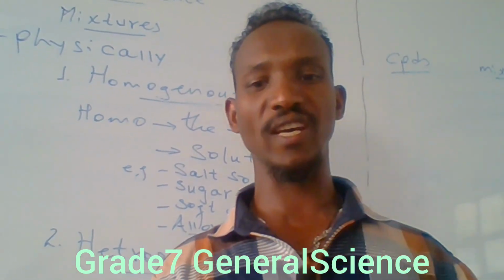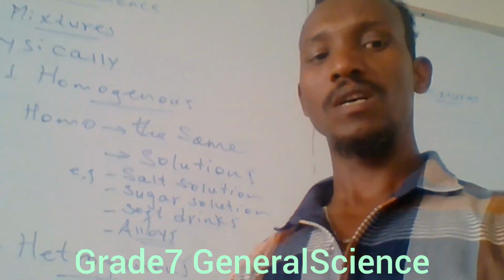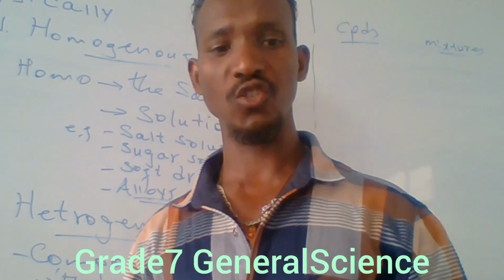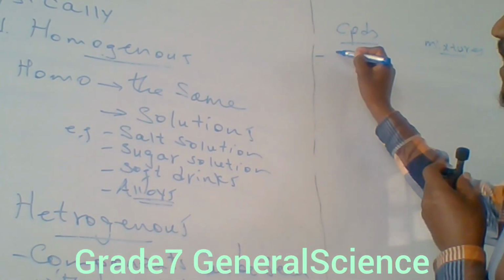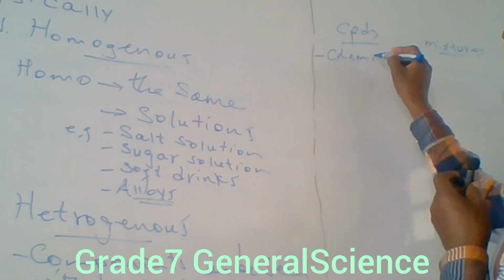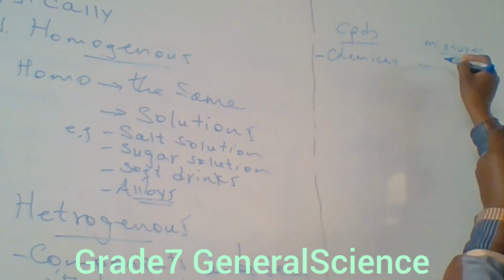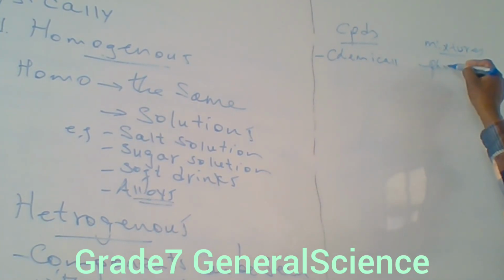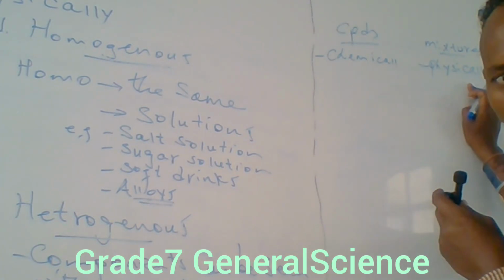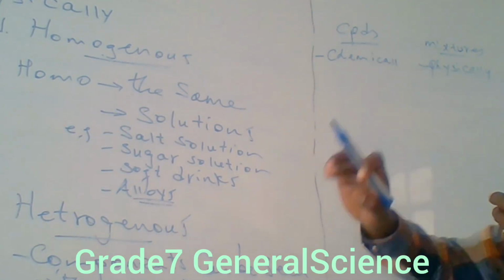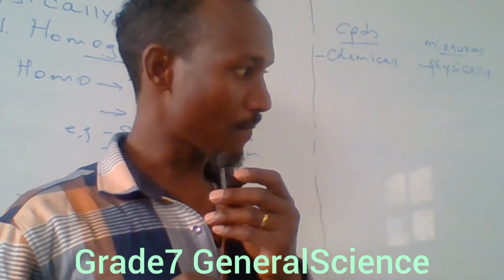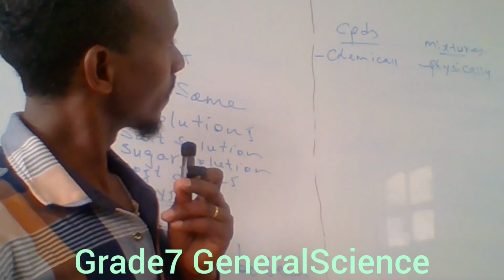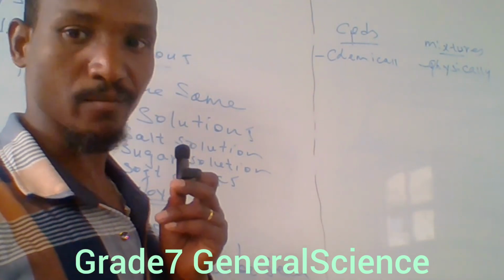How can we differentiate mixtures and compounds by their compositions? Compounds are formed by chemical means, or chemically, whereas mixtures are formed physically. All types of mixtures are formed by physical means. All types of compounds are formed by chemical means. This is the best and shortest difference between compounds and mixtures.